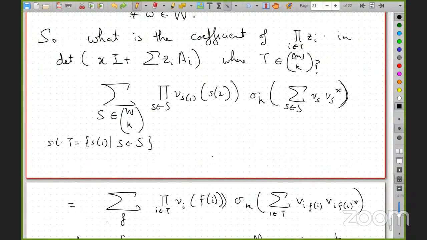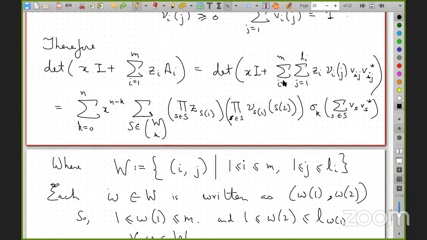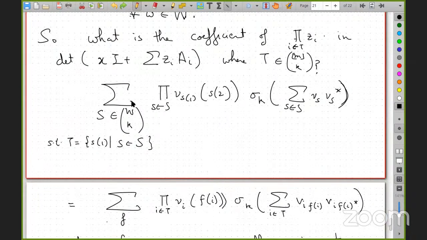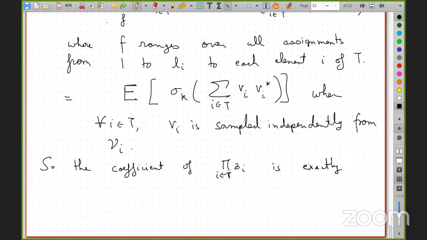Oh well, sorry, I might have messed up a little bit. So what was this? We wrote this out, and so for a particular t, the coefficient of z_i in t is exactly the expectation.